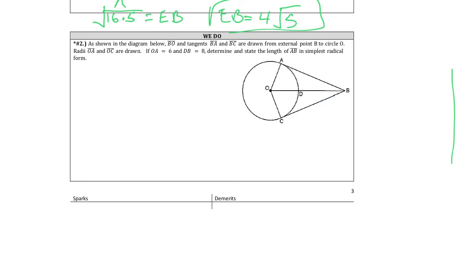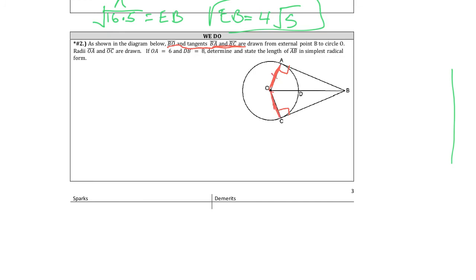So this one's my favorite type of problem because it involves some thinking. So we have 2 tangent lines, BO and BA. So, or it should be BC. Oh, BA and BC are tangents. So this line's tangent and this line's tangent. So we have 2 right triangles. And the radii, OA, so this is a radius, and OC, this is a radius.